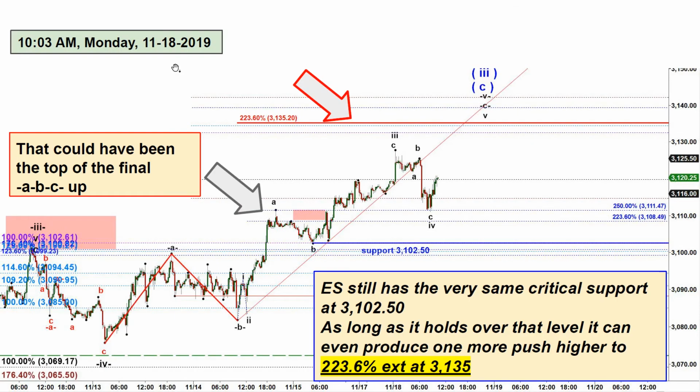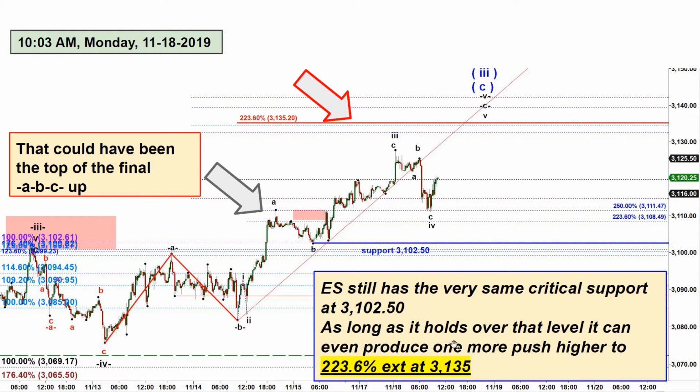At 10 o'clock in the morning on Monday, November 18, we got the first drop, but I posted that ES still has the very same critical support at 3102.50, and that drop looked very corrective. It was A down, B up and C down, and it managed to hold over that critical support at 3102.50. Because bears failed to violate that critical support, ES held potential for another push higher.